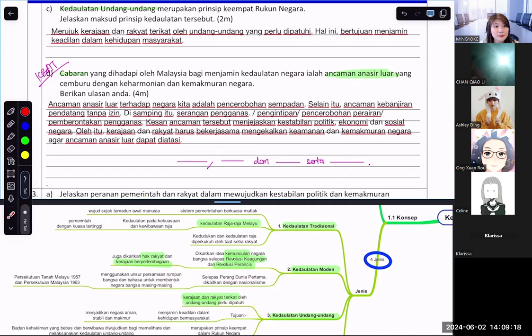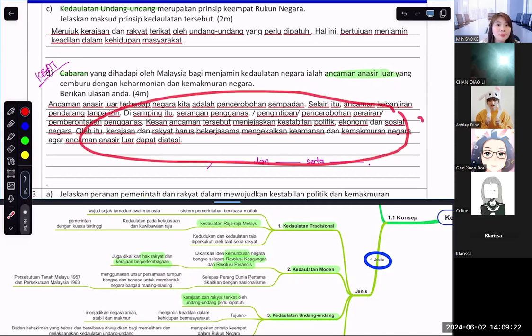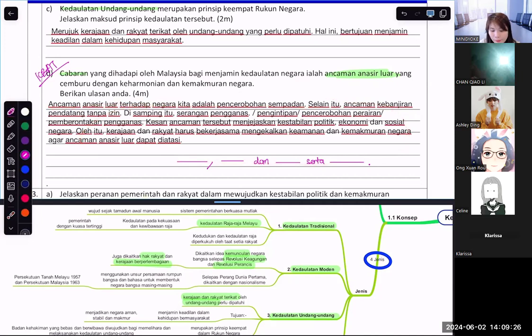Faham? So in this case, this is our example. So I put the fakta. First of all, I put the fakta here: pencerobohan sempadan. Selain itu, ancaman kebanjiran pendatang asing, which is the illegal immigrants.